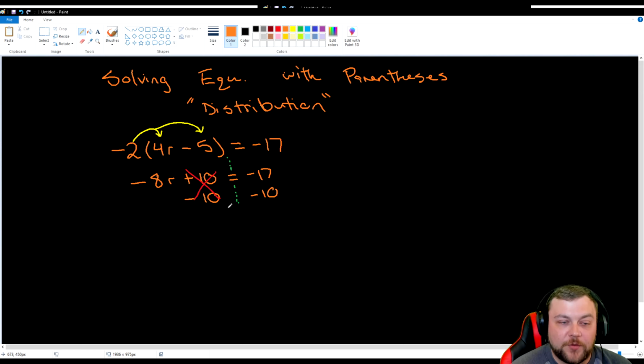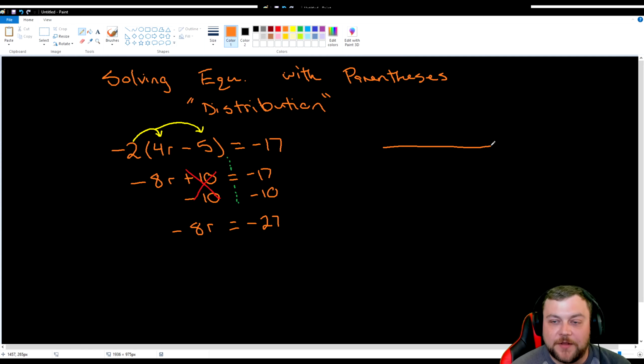And what we're left with on the left side is -8r equals, so what's -17 minus 10? More negative, okay? So -17 minus 10 is -27. It is more negative.